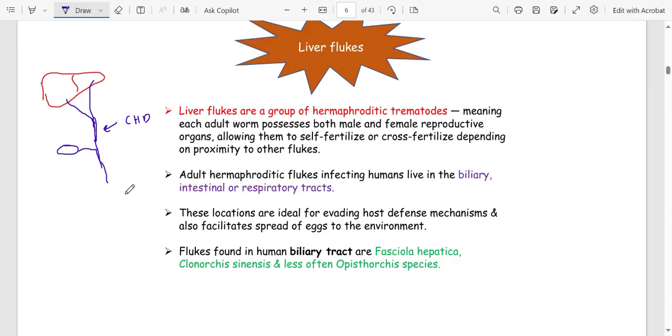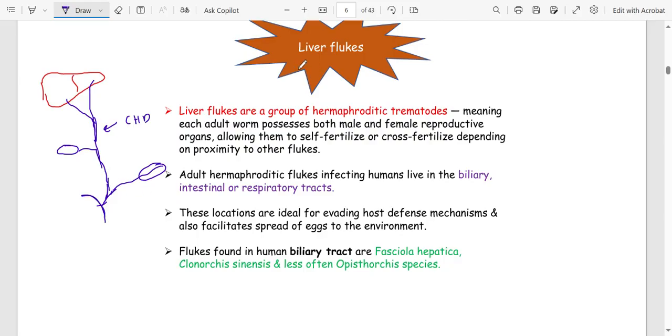This bile duct further goes and joins with the duct coming from the pancreas. From the pancreas, we have the major pancreatic duct of Wirsung. You also have a minor pancreatic duct of Santorini. When these join, you form the hepatopancreatic duct, which drains into the second part of the duodenum.